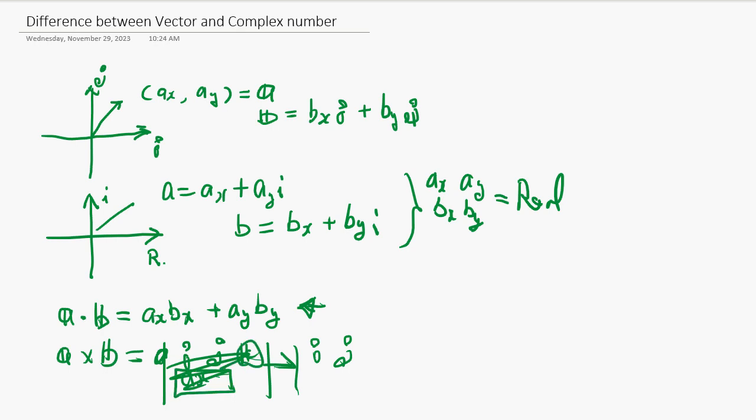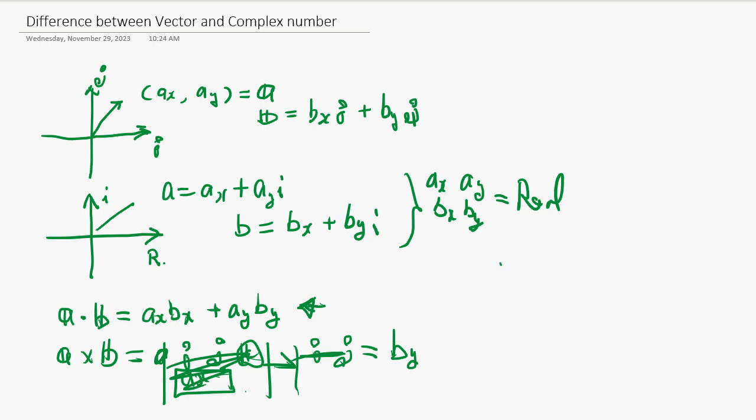So it's going to be, let's see, just directly write it. By, there's no z, so it is 0.